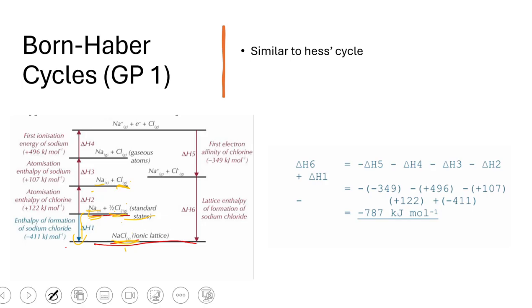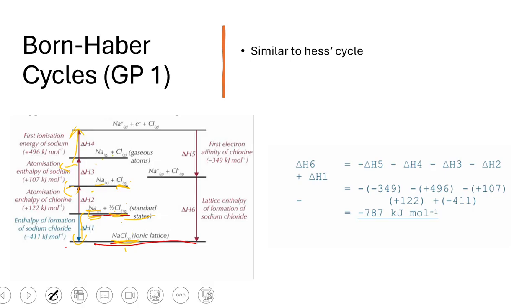So this arrow is just the enthalpy of atomization of chlorine. And the same thing is happening here to sodium. It's going from its standard state to 1 mole of sodium in its gaseous state, and that's the atomization of sodium. And the next arrow will be the first ionization energy of sodium.